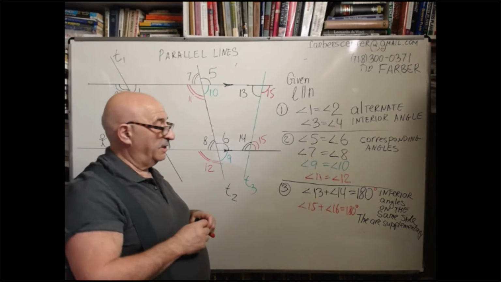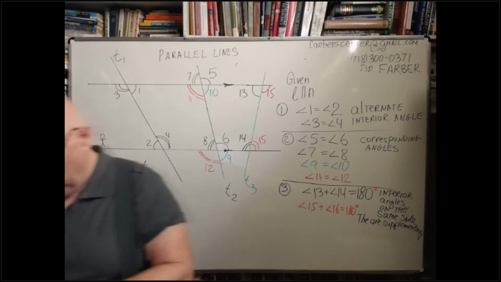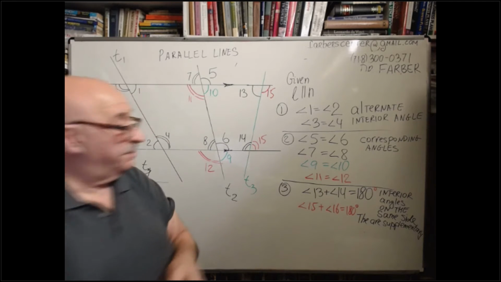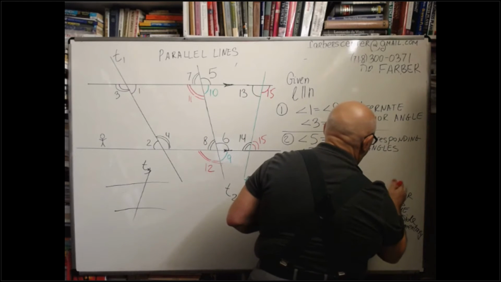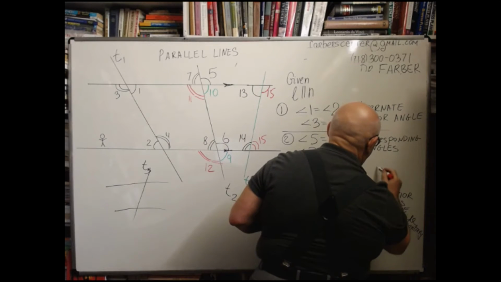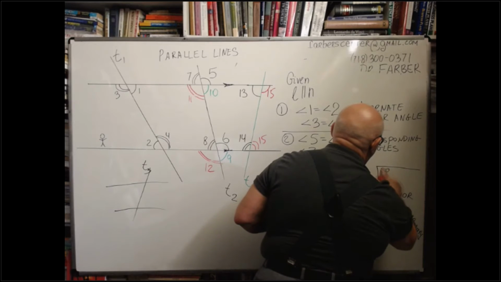Sometimes they name it also, they have another name, consecutive angles. Just a second, let me find the second name. These angles, I don't have too much room, they are consecutive. Let me finish this.